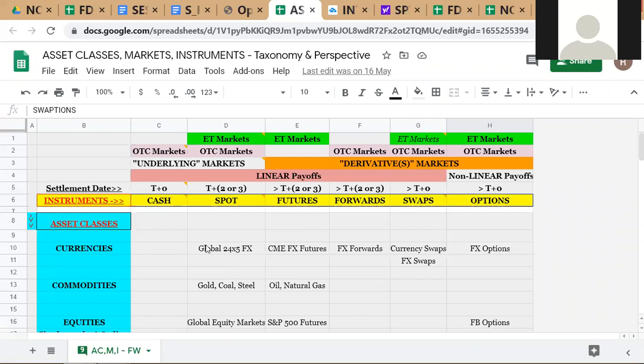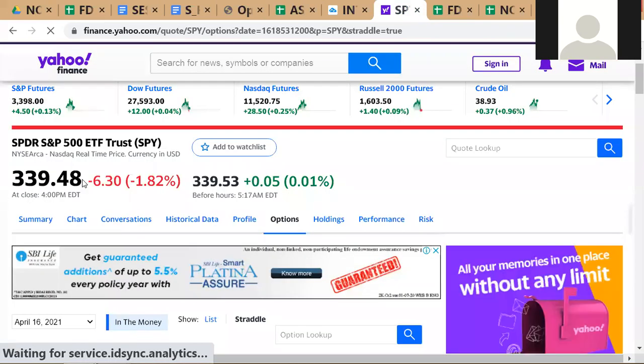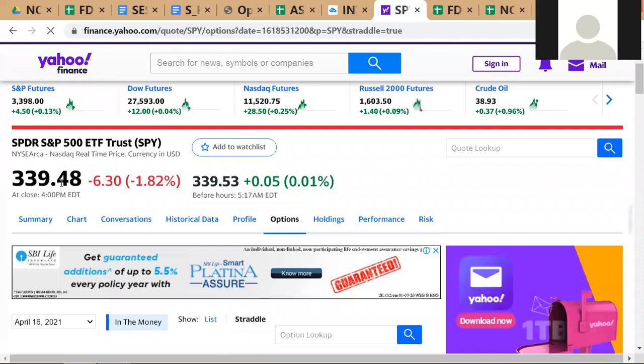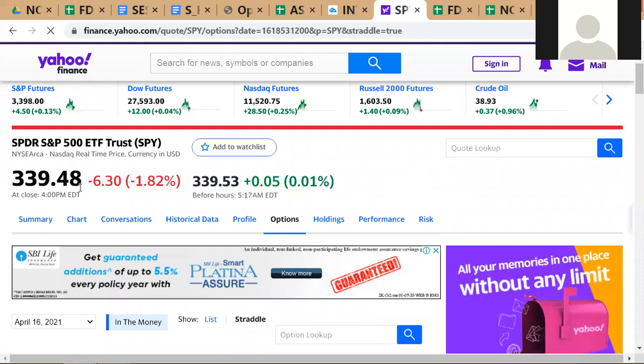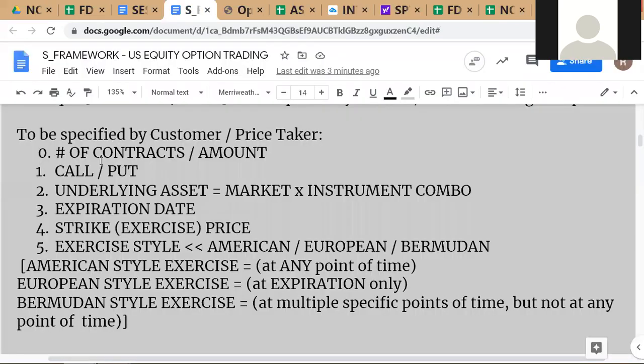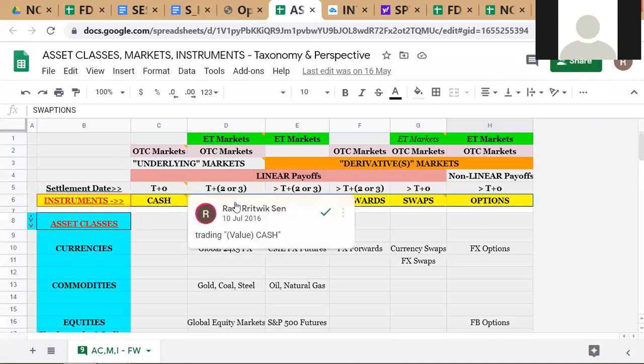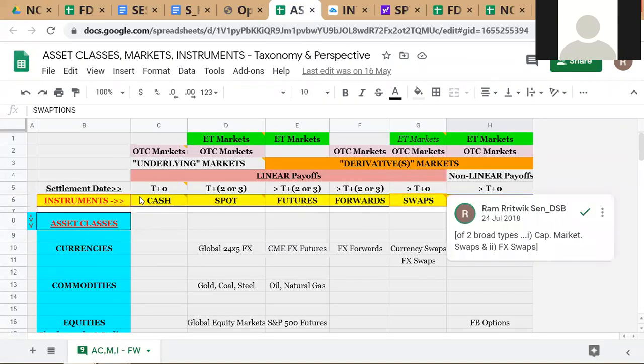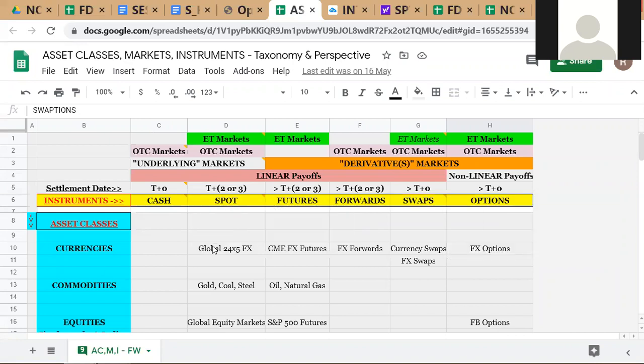So this is what you have to understand. Not only do you have to specify that the underlying asset is SPY, you have to also specify that it is SPY spot. That's what I mean by market instrument combination. You have to remember, these are instruments, and inside these you have all these markets.